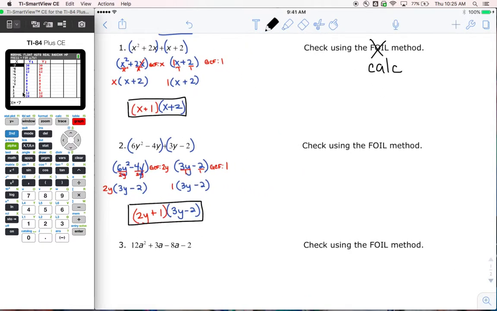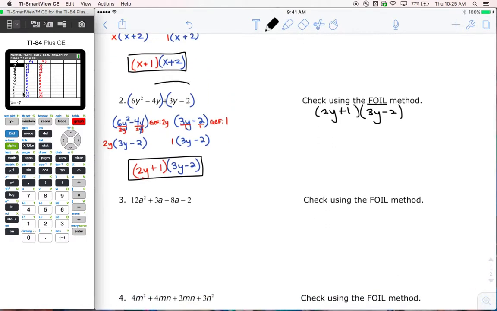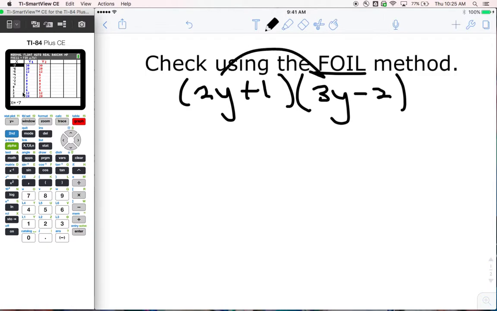All right, now we're going to check our answer. This time we are going to use the foiling method. Let's draw this out. We're checking that 2y plus 1 times 3y minus 2 gives us back our original. Well, 2y times 3y is 6y squared.